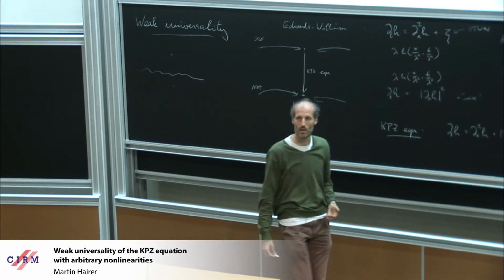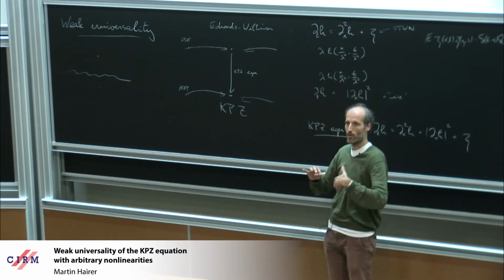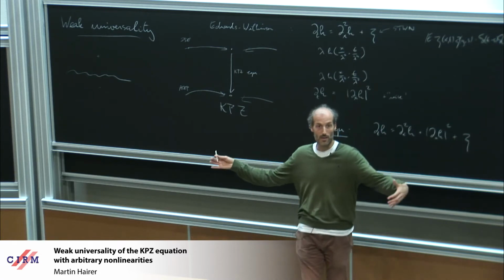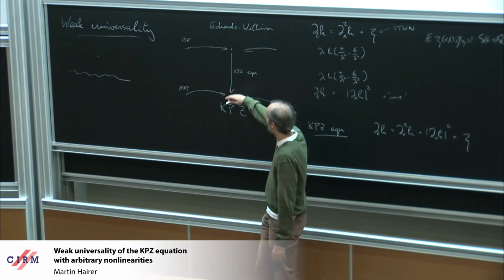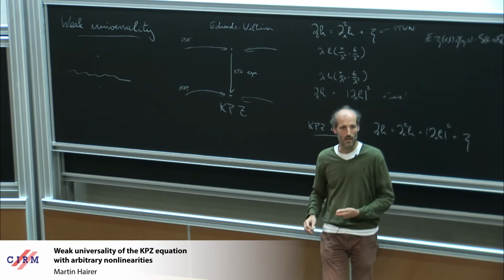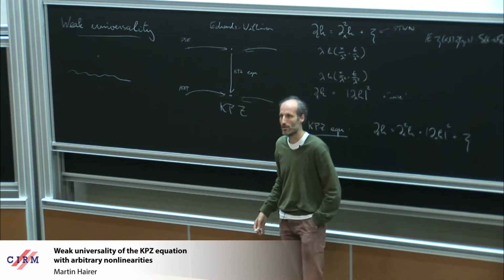Okay, so the KPZ equation is supposed to be basically the only process which has the property that on the one hand it's in the KPZ universality class, in the sense that when you zoom out and at large scales you see the KPZ fixed point, and on the other hand when you zoom in, you're in the Edwards-Wilkinson universality class. So at very small scales you just see the stochastic heat equation, okay?